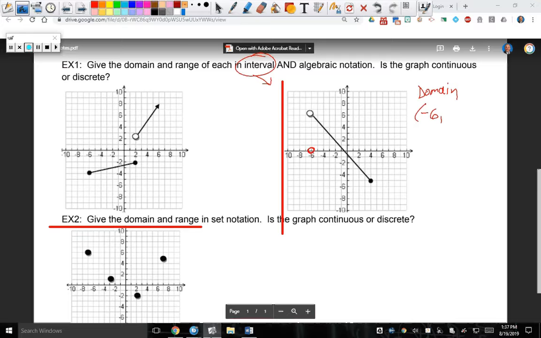And then keep going, Maddie. Comma, all the way to 5? No, 4. Sorry. 4. So right here all the way to 4. And Maddie, do I include 4? Yes. So it's going to be closed. So that means what, anyone, would be here? A bracket.